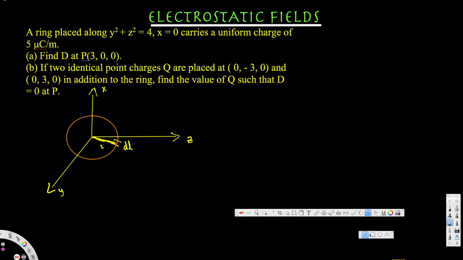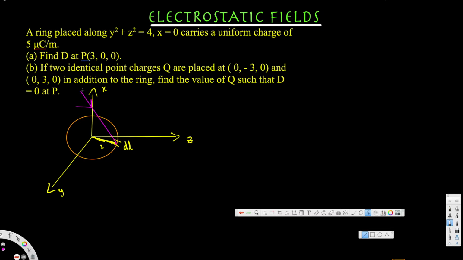That's going to look like something like this. We are going to have an electric field going this way, right? But it's going to have two components. It's going to have an x component and a rho component. So let's say this is our x component and this is going to be the rho component.